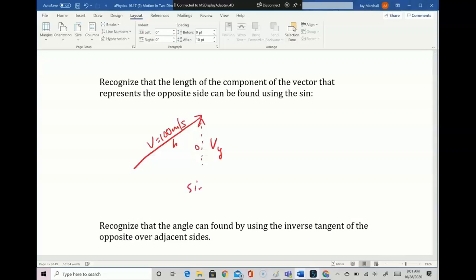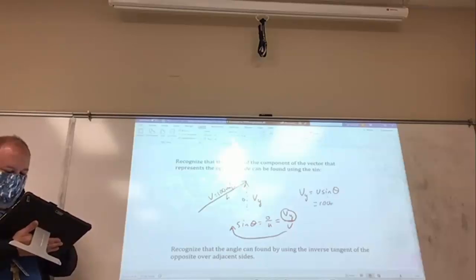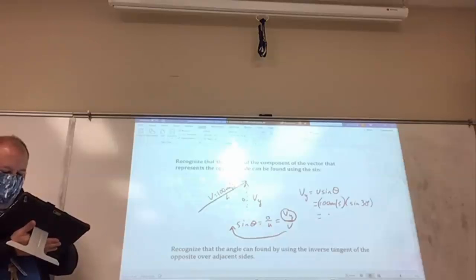The sine of theta equals opposite over hypotenuse, which equals Vy over V. I want Vy, so I can multiply both sides of this equation by V, and I get Vy equals V times the sine of theta, which equals 100 meters per second times the sine of 30 degrees. And you should all be aware that the sine of 30 degrees is 1/2. So this will be 50 meters per second.